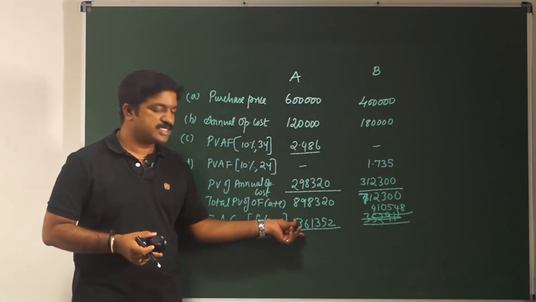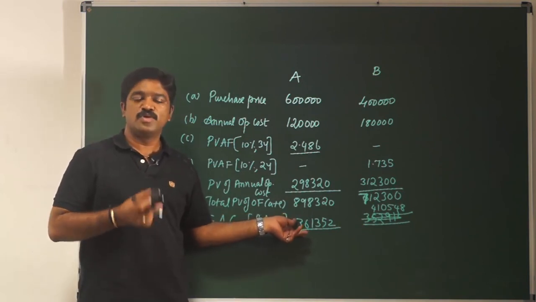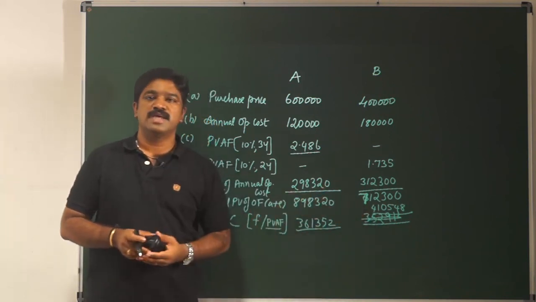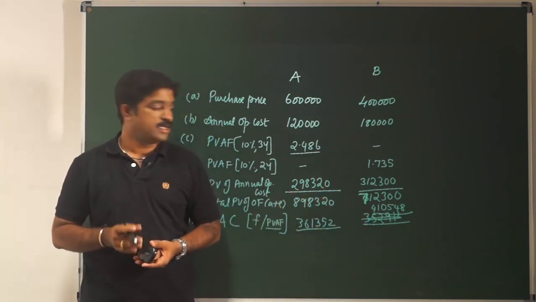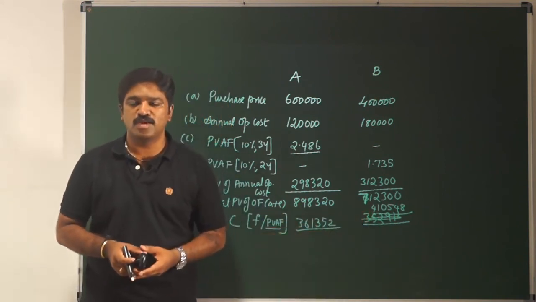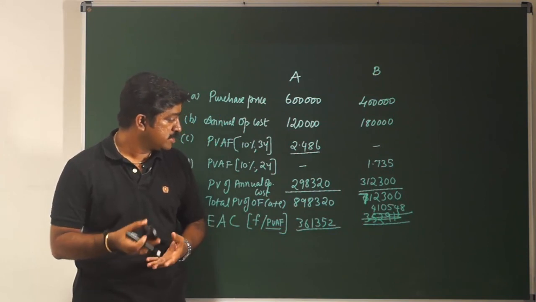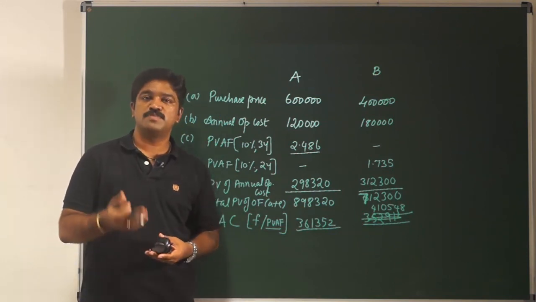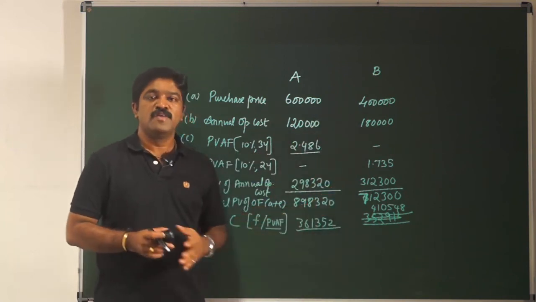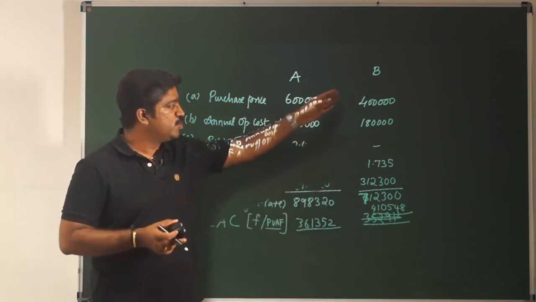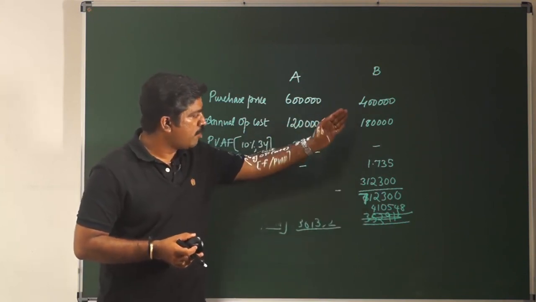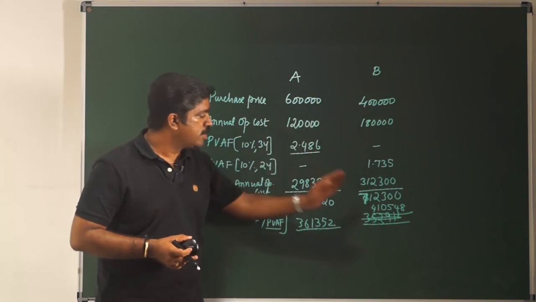That is, only 361,000 is going to be your outflow if you are taking project A, but if you go for project B, it is as good as spending 410,548. It means you have to spend around 50,000 additional if you are going for project B, which was not at all visible when you evaluated project B by looking at the purchase price or annual operating cost or present value.